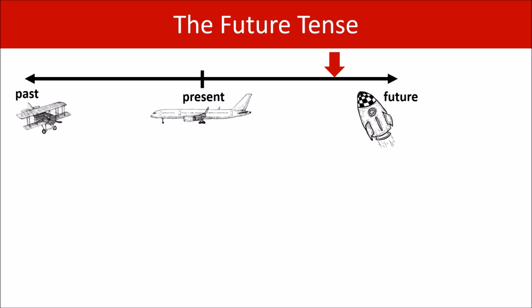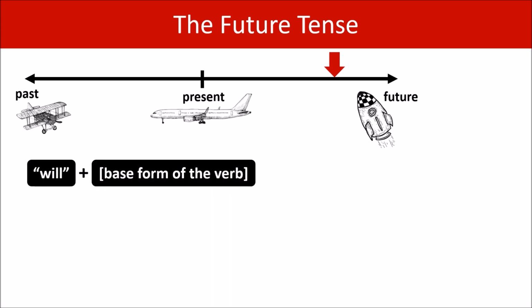To describe this activity, we use the following construction: will plus the base form of the verb. Let's look at an example. Martin will paint the fence. Will paint is the future tense. Here we can see will and the base form of the verb to paint.